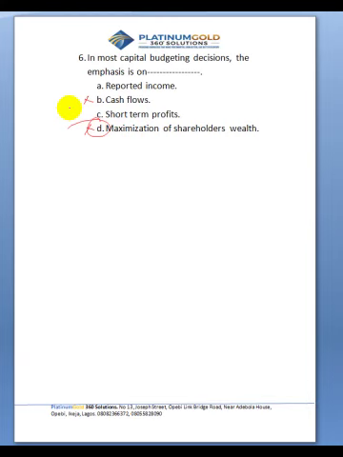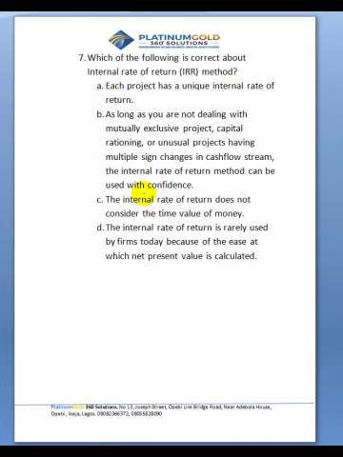Remember your NPV: if your NPV is positive, it is the amount by which the shareholders' wealth will be increased. The NPV shows how much will be added to the shareholders' wealth.